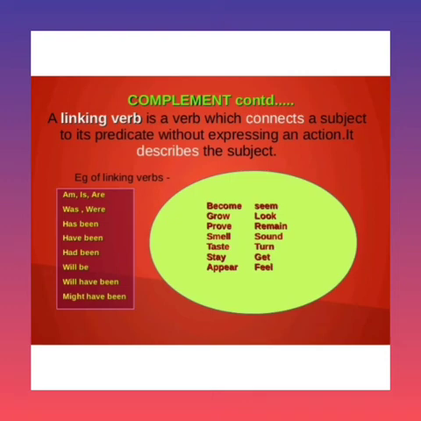Next, there are some key words to find out the complements. Am, is, are, was, were, has been, have been, had been, will be, will have been, might have been. So these are the linking verbs. Also become, grow, prove, smell, taste, stay, appear, seem, look, remind, sound, turn, get, feel. These are the key words.